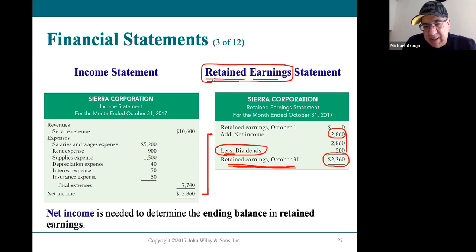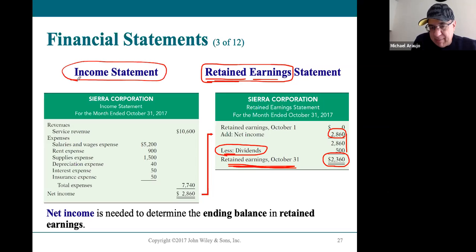Net income gets added in, dividends get subtracted out. That's really all that happens on a retained earnings statement. As such, it is a relatively simple statement to prepare, and it doesn't have as much emphasis or as much importance as the income statement.